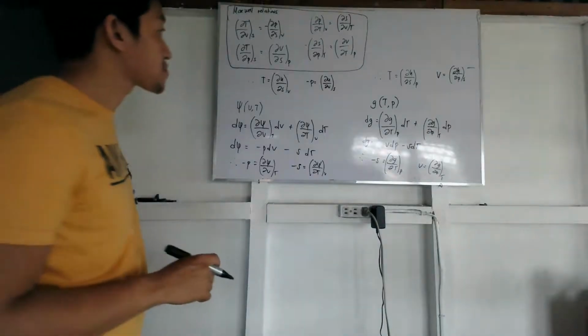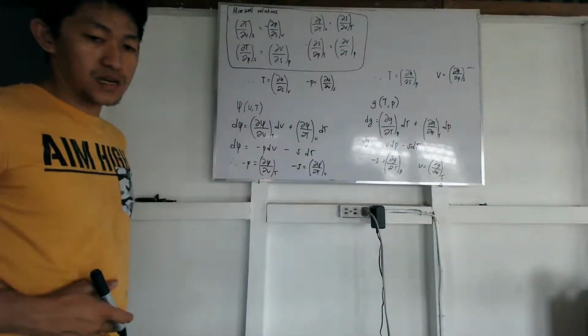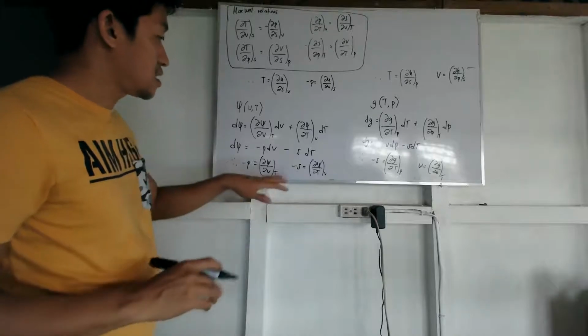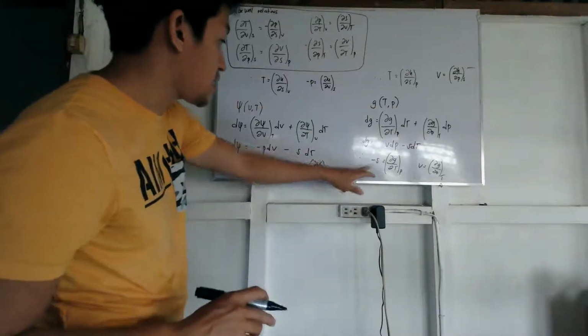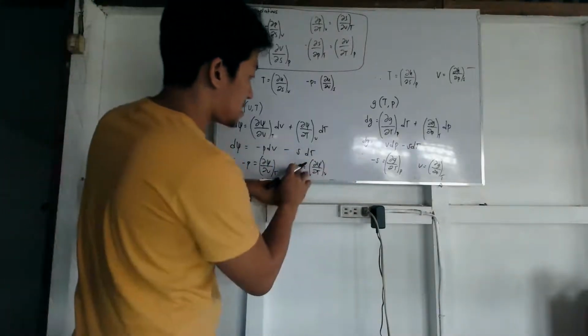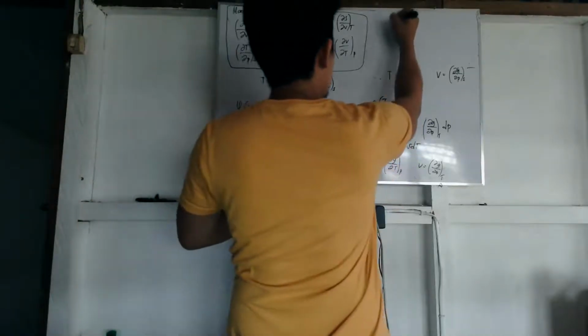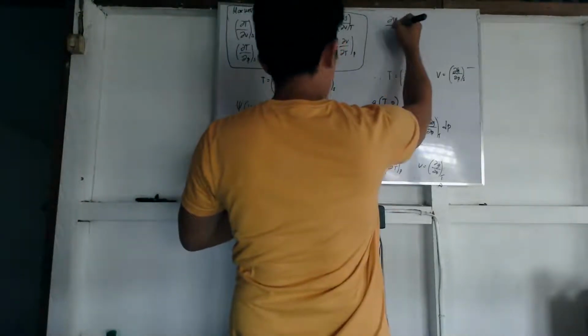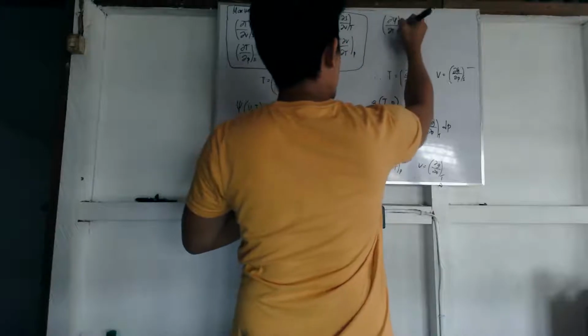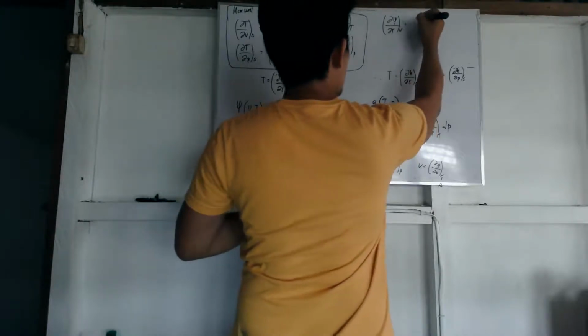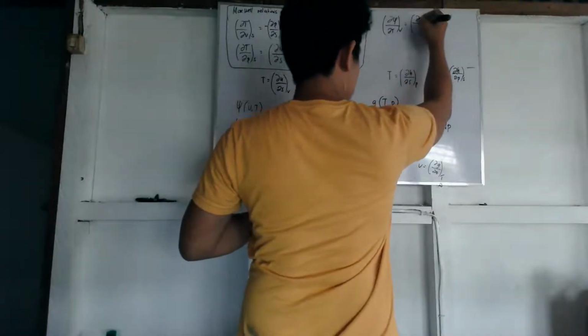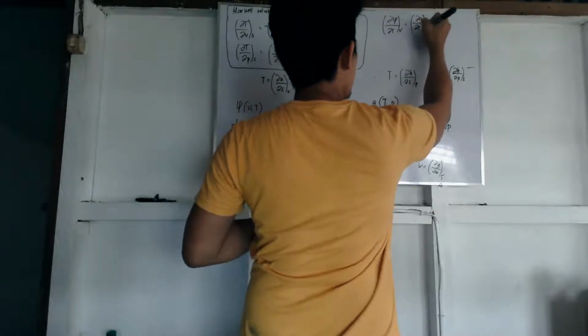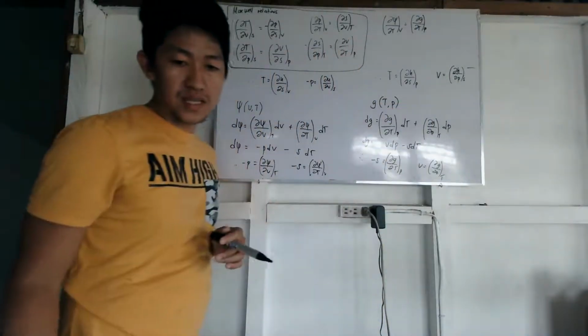And then, what we equated earlier, these are both negative S, so we get partial of psi with respect to T equals partial of G with respect to T. So that's another relation.